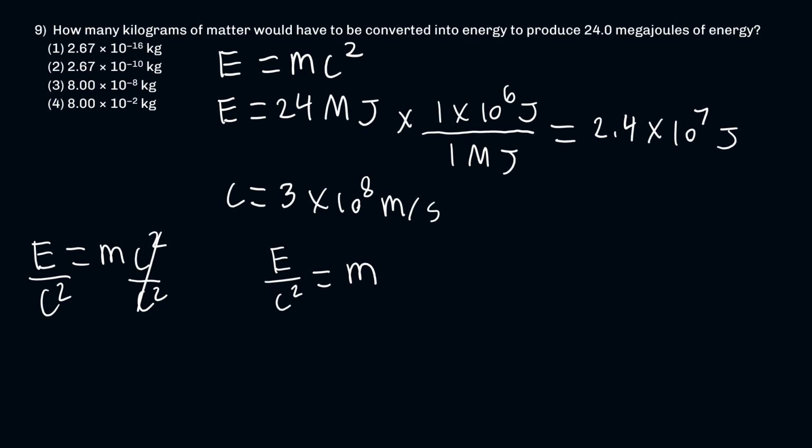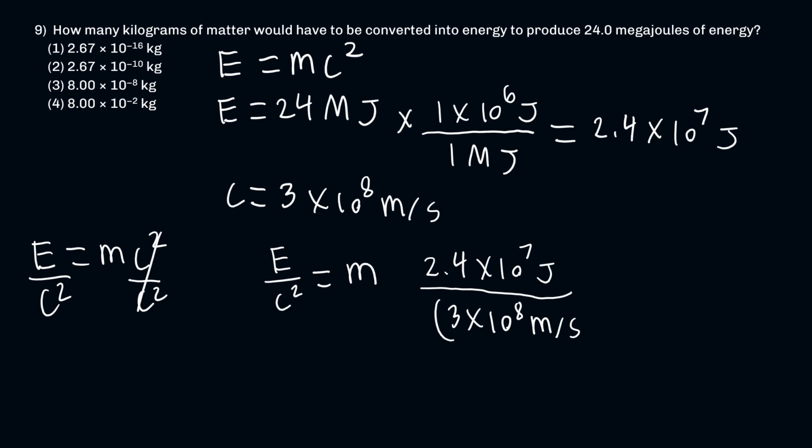So I have that the energy in the proper SI unit, 2.4 times 10 to the 7th joules, over my speed of light, which is 3 times 10 to the 8th meters per second, all raised to the second power, is equal to my mass.